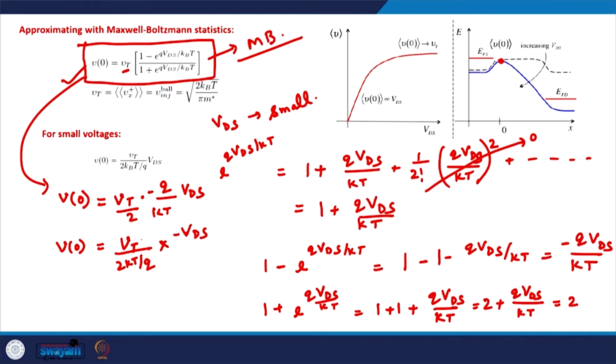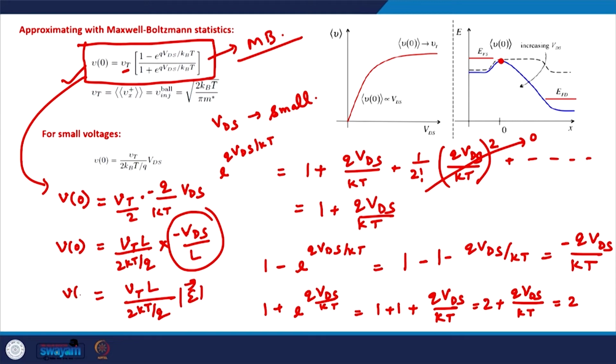Okay. So if we multiply and divide by length here, this becomes the electric field in the device. So it is Vt L divided by 2 kT by q times the electric field.